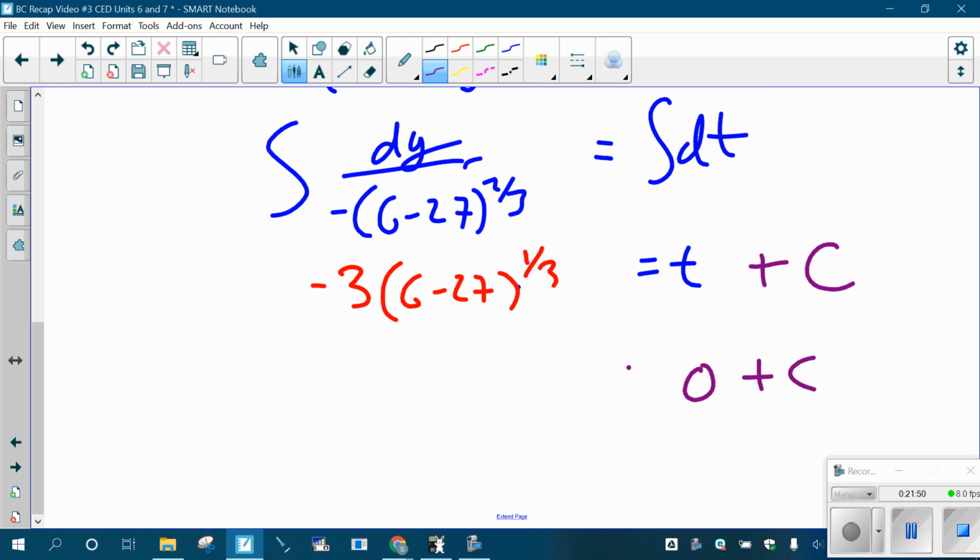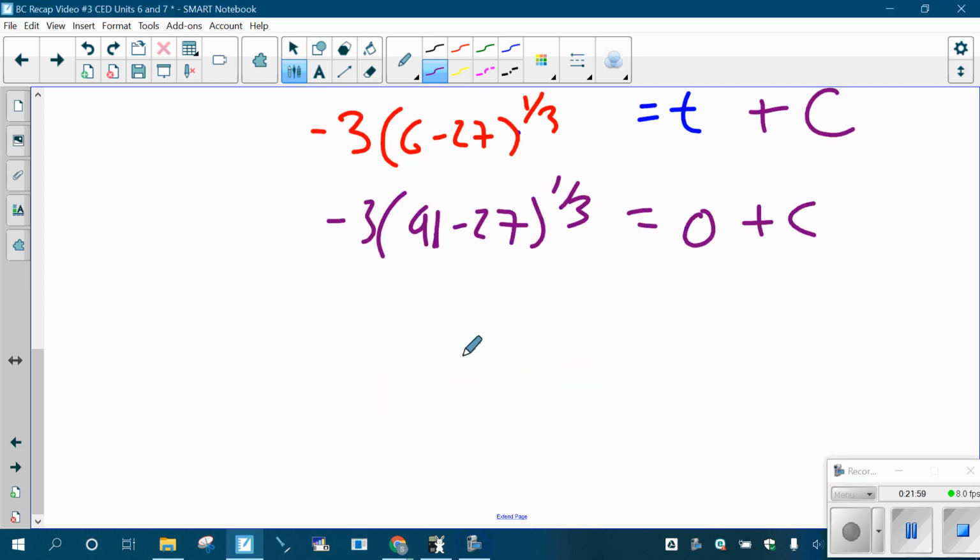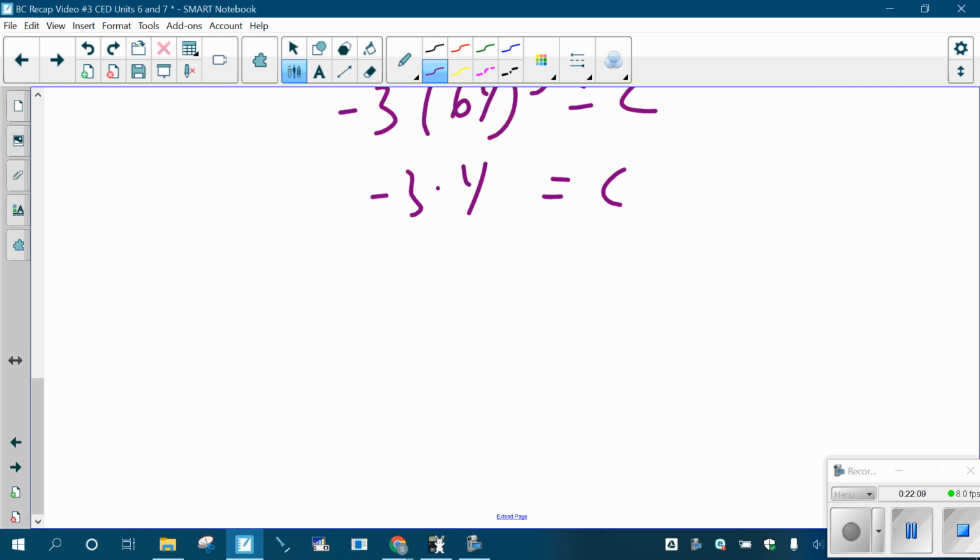Plug in 0 for t. Plug in 91 for g. And solve for c. Okay, so that's 64. The cube root of 64 is 4. Negative 3 times 4 is negative 12. So c is negative 12. Remember, all I'm finding now is the c.